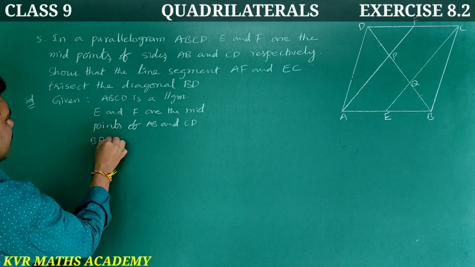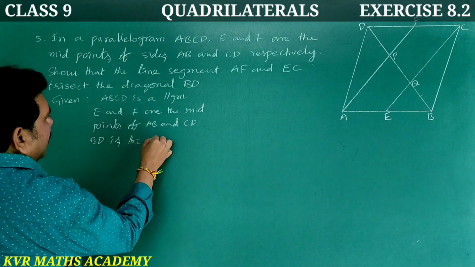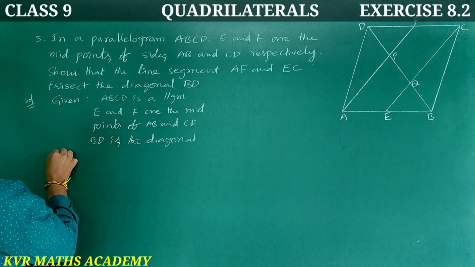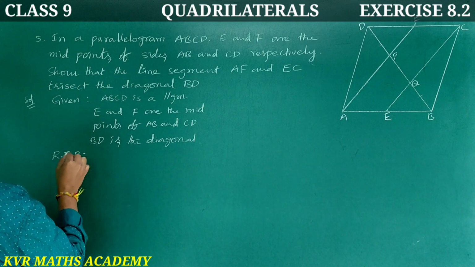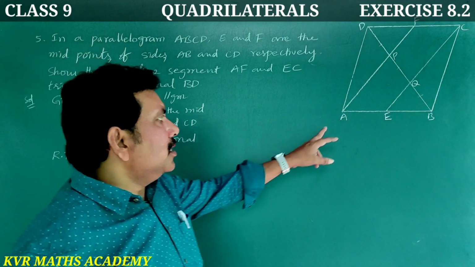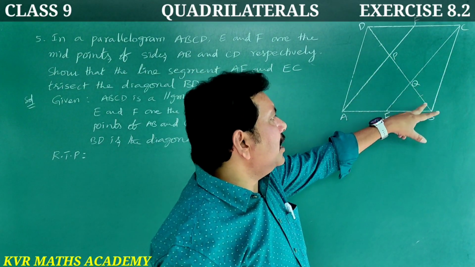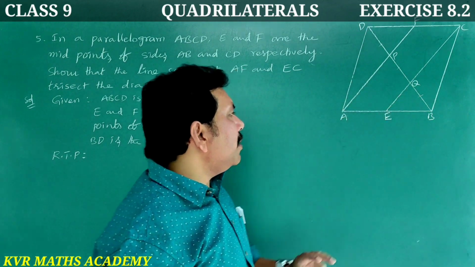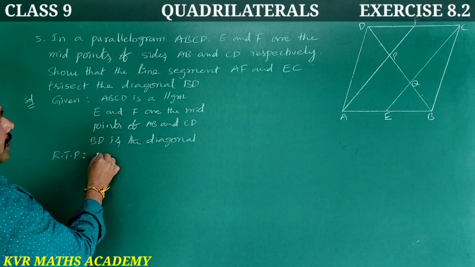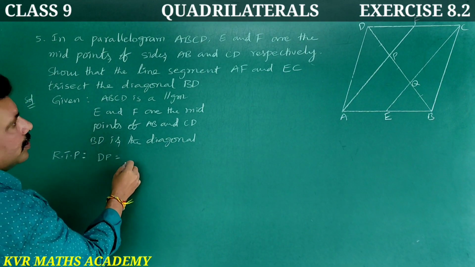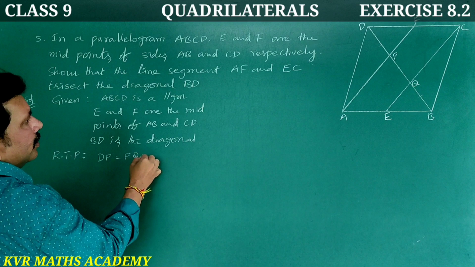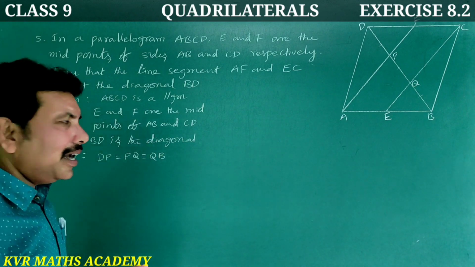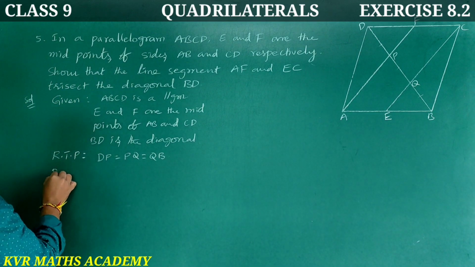Yes. RTP, required to prove. What do we have to prove? AF and EC trisect the diagonal BD, that is, DP is equal to PQ is equal to QB. That is what we have to prove. Yes, let us prove. Proof.